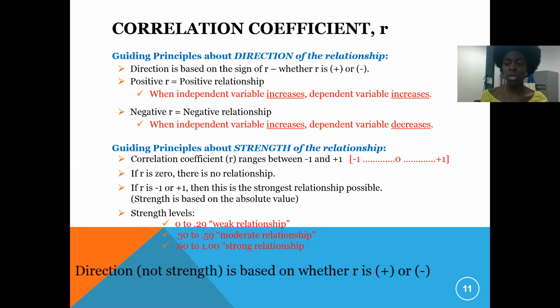It's up to the field and the popular way of doing it for a specific discipline, if you will. But for this course, so that we're all on the same page, we're calling 0.29 and lower weak, 0.3 to 0.59 moderate, 0.6 to 1 strong.